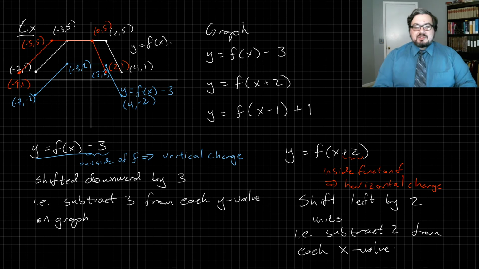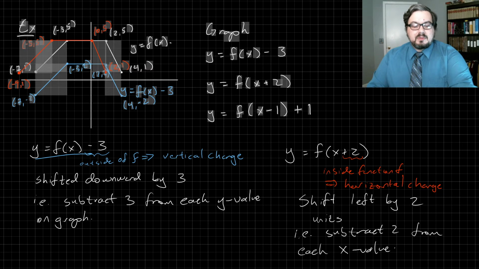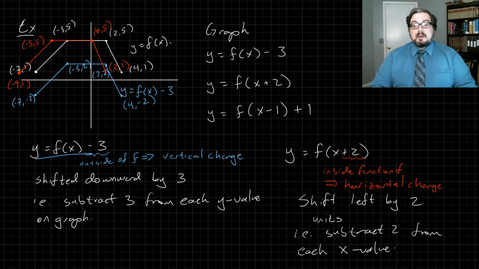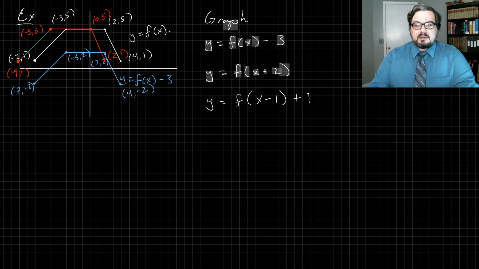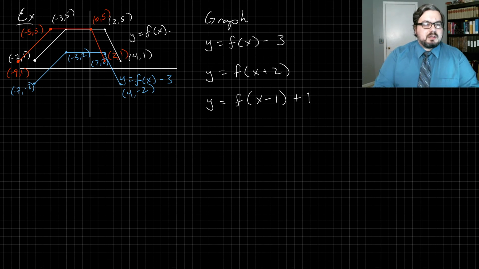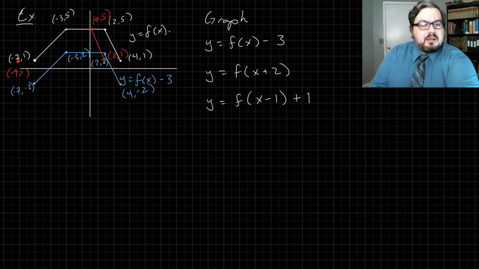Now, for the last one, let me go ahead and duplicate this on the next page. The function y equals f of x minus 1 plus 1, this is going to involve 2 separate transformations. So let me get rid of the pieces that we had before.